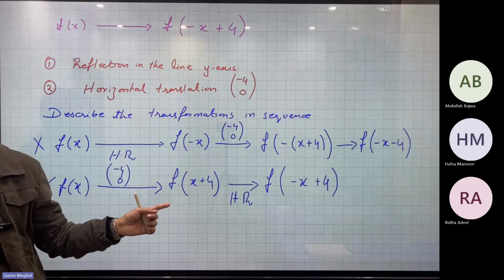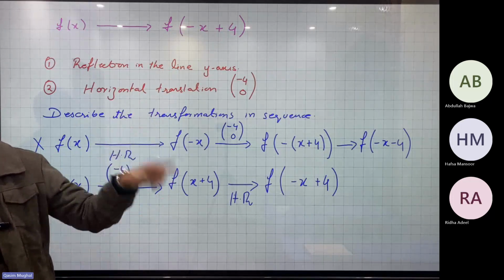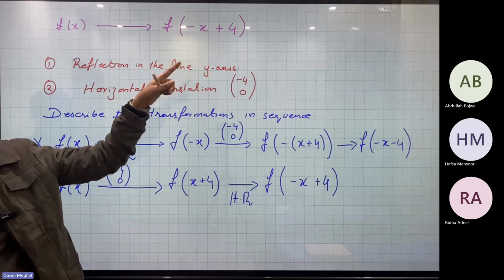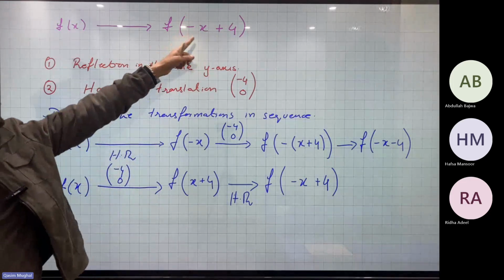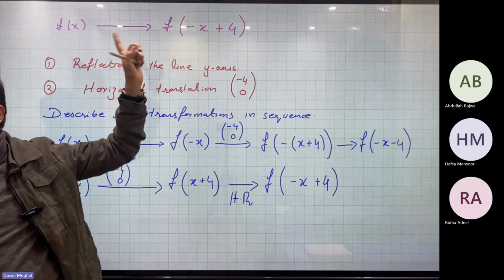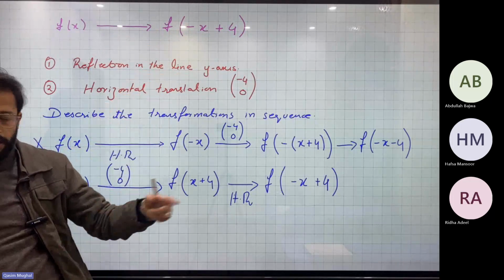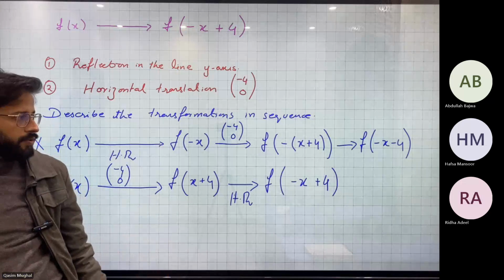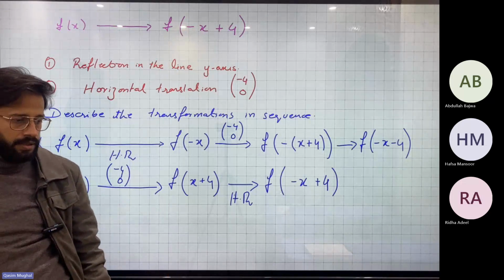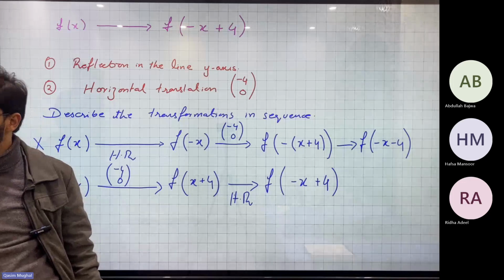Sometimes you have to combine reflection with the stretch, horizontal translation with horizontal reflection. Sometimes horizontal reflection with vertical translation. So you can have many combinations together. So we will look into the combined transformations in the final class, which will be, I believe, on Tuesday.